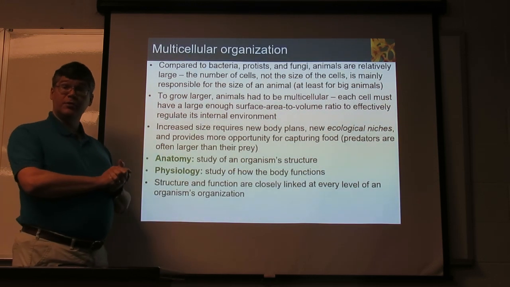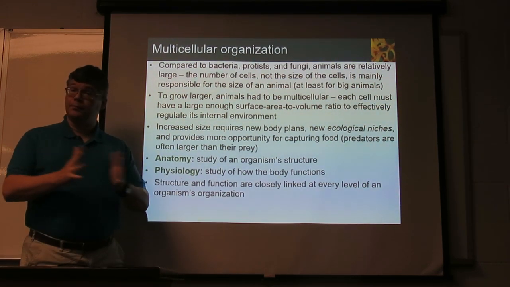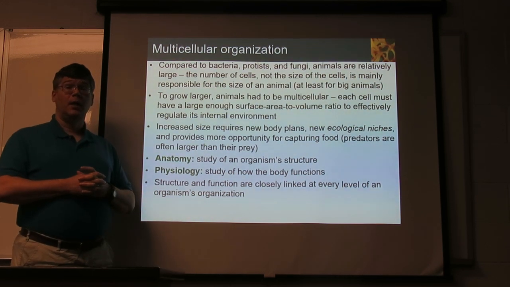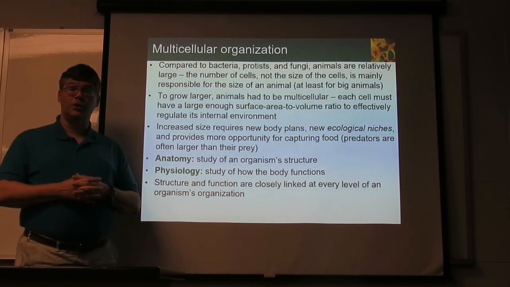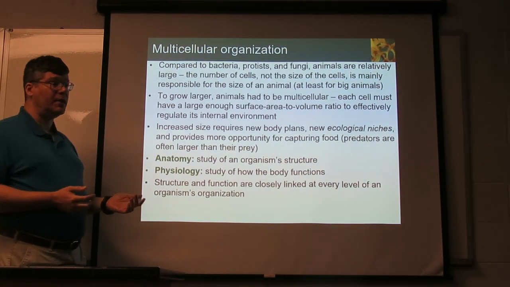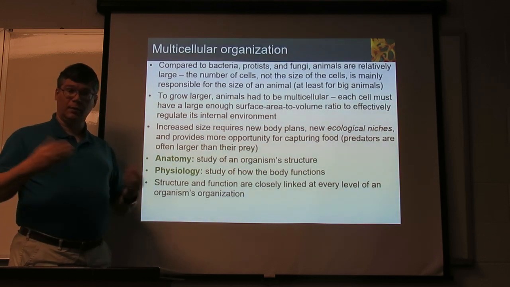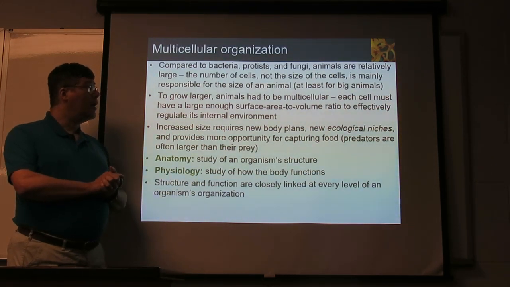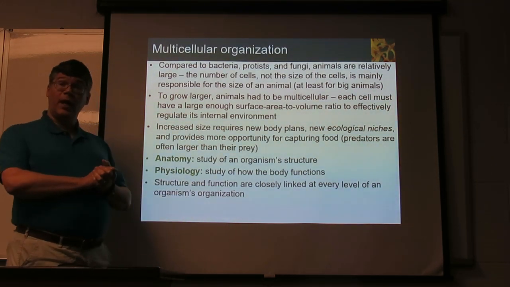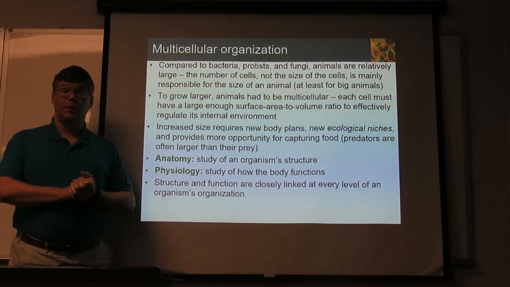And animals tend to get pretty big. There are some tiny ones, but some quite large. This is achieved by having lots of cells. Any one cell typically isn't all that different in size from a cell in some other eukaryote, but having lots of the cells working together allows animals to get much bigger.